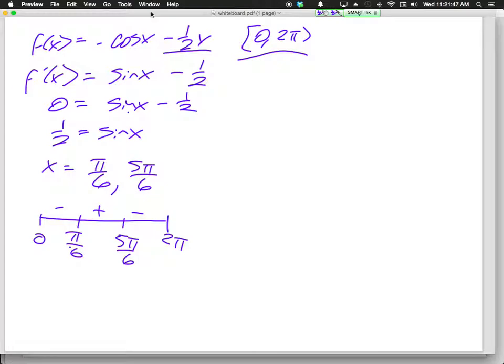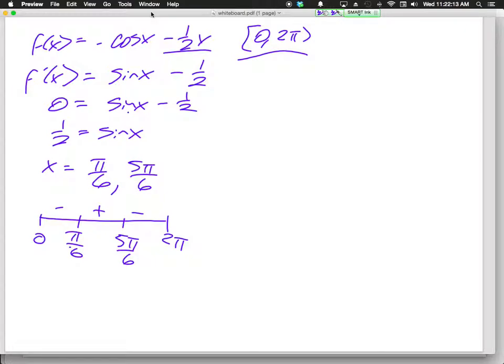What do I have at pi over 6 and 5 pi over 6 in y? At pi over 6, a relative minimum, because f prime of x changes from decreasing to increasing, negative to positive.